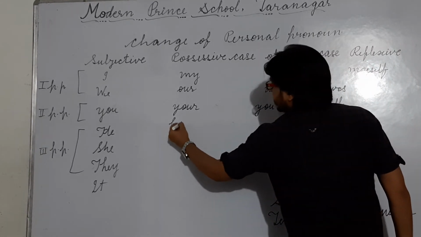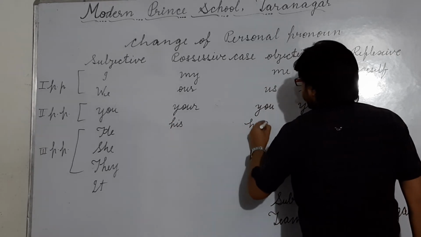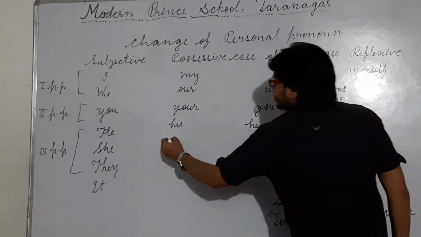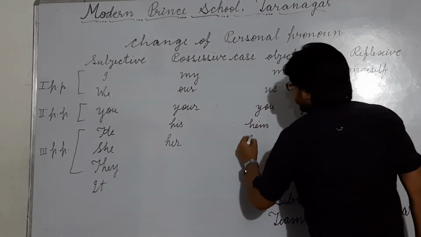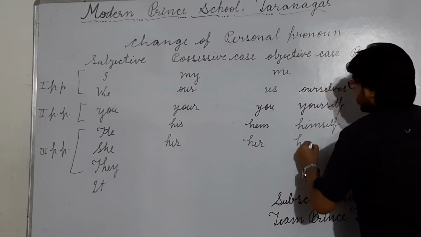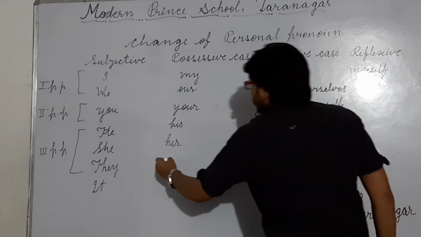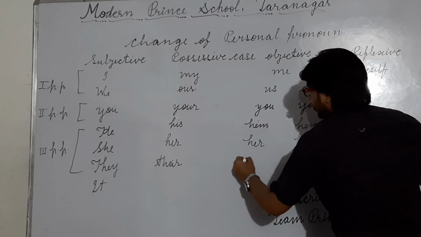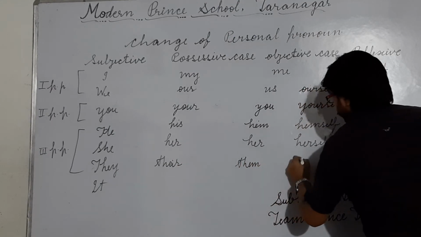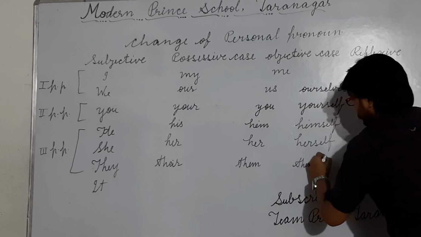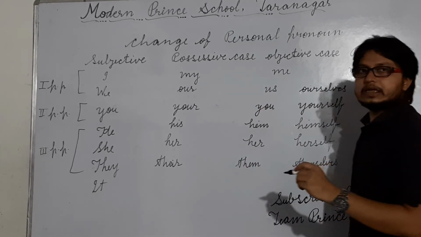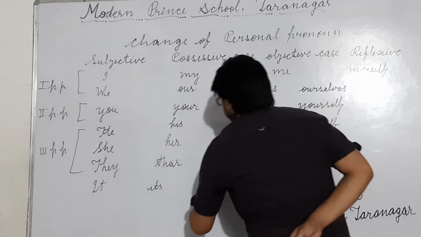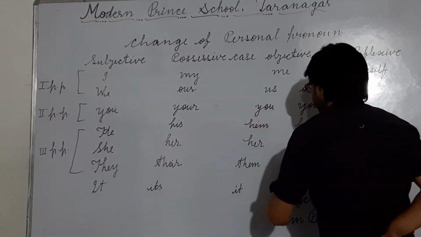He, his, him, himself. She, her, her, and herself. They, their, them, and themselves. And the last one is it, its, it, and itself.